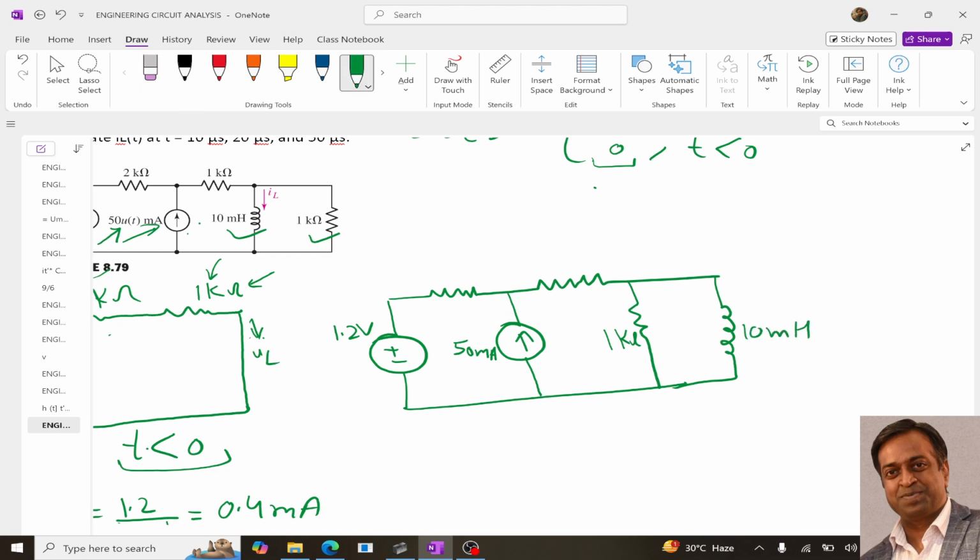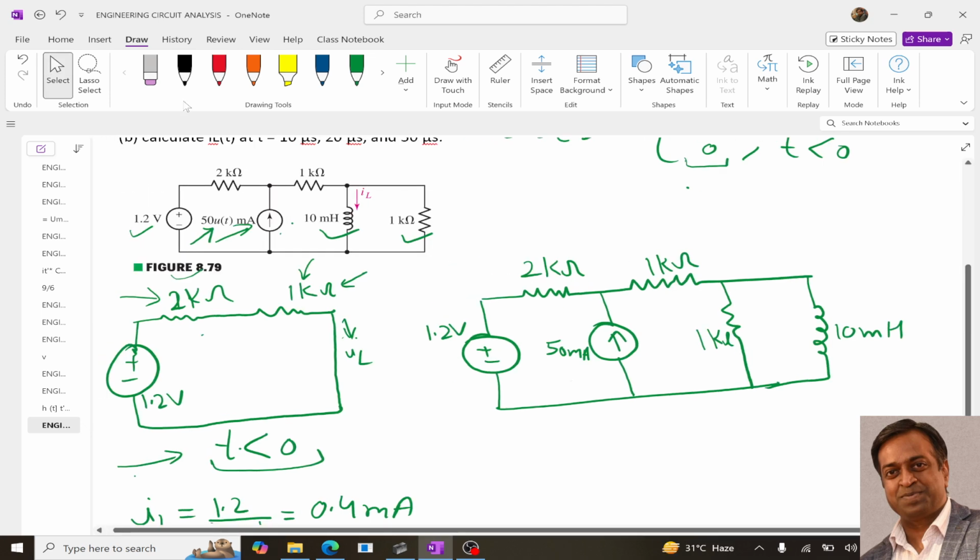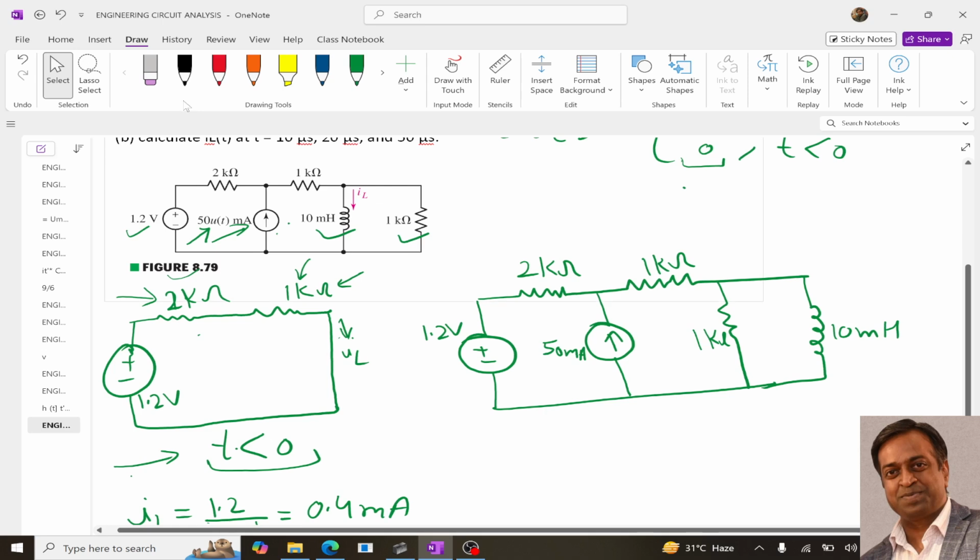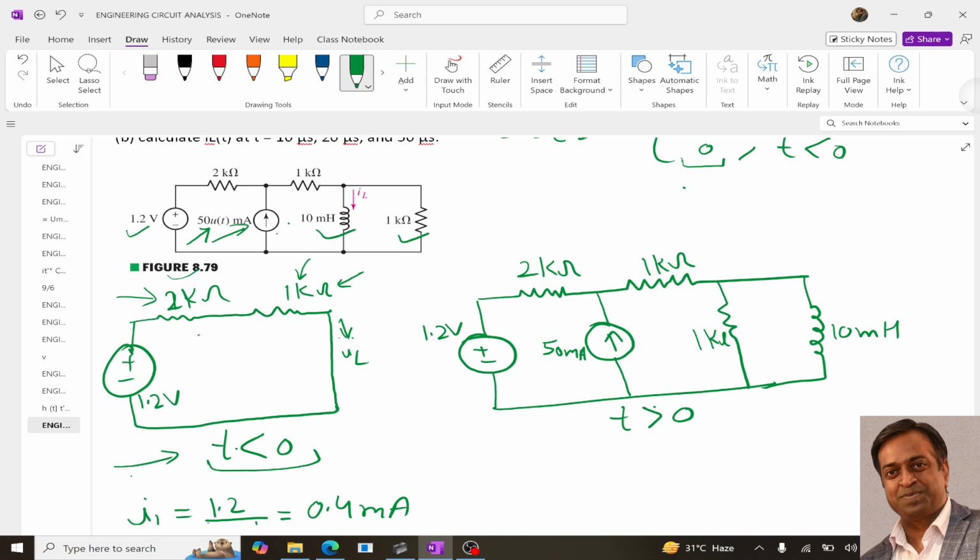Both are the same thing because they are connected in parallel. I did it purposely, and the purpose will be disclosed when I solve this. So this is the condition of the circuit at t greater than 0, and this is the current IL.